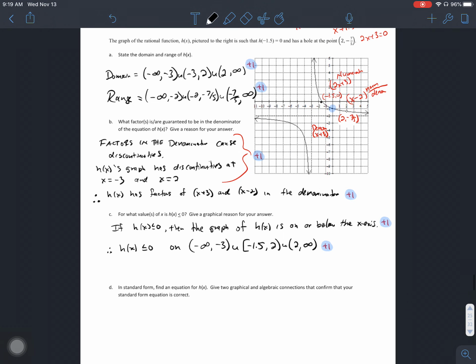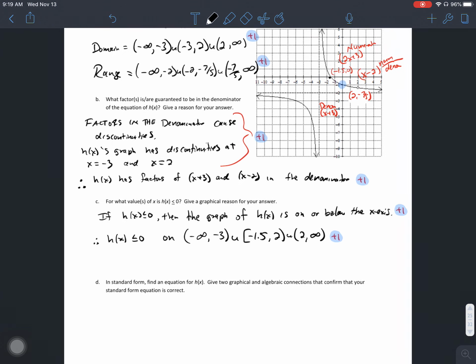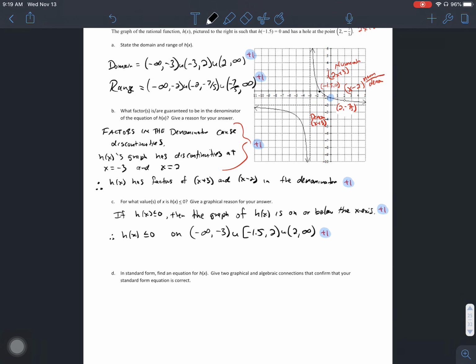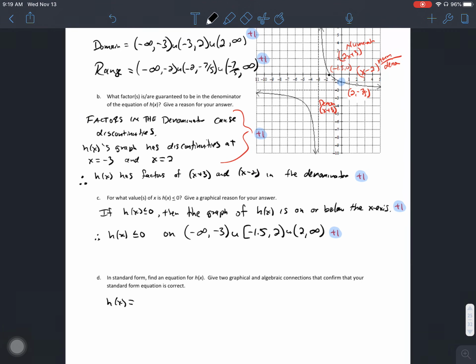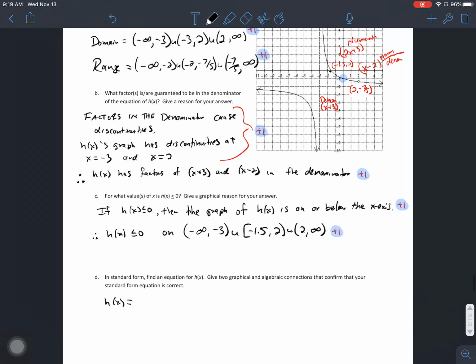Okay, so here's how I would start with this. In this case, I'm actually going to write stuff down, then I'm going to probably give the reason. So h of x, I already did a lot of the work. We had an x-intercept of negative 1.5, and I made a conjecture up here that one of our factors in the numerator is going to be 2x plus 3.